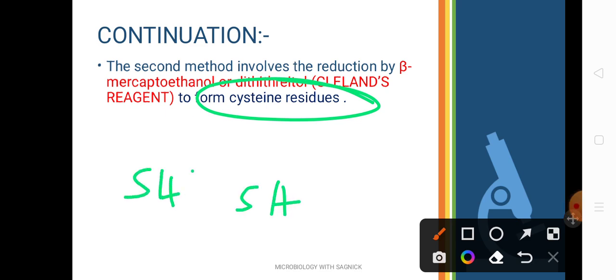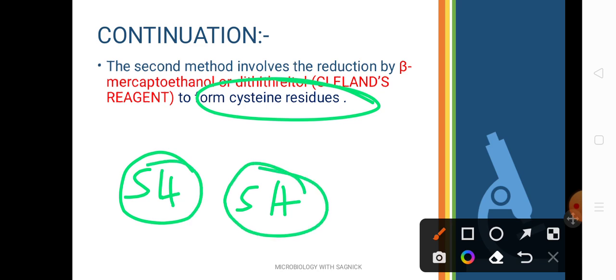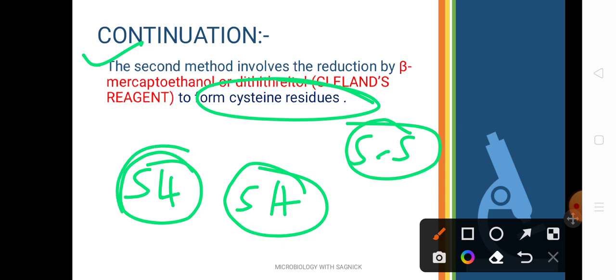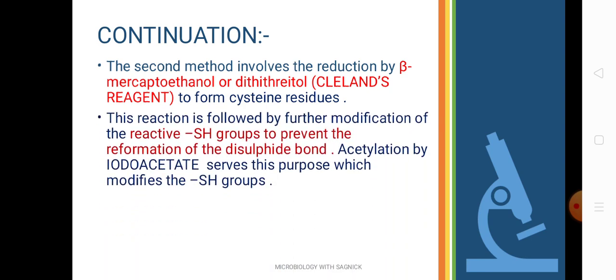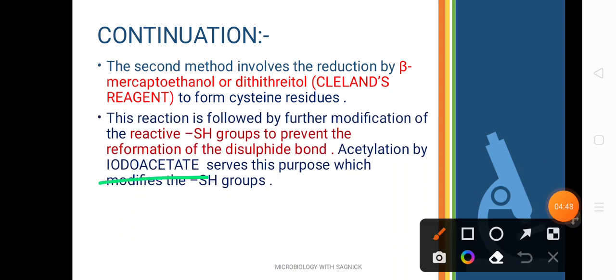If two SH groups are in close proximity, there is a possible chance of formation of a disulfide bond. That is why the reduction process includes one extra step where we have to modify these SH groups in such a way that they cannot recreate the disulfide bond, and we do this with the help of acetylation by iodoacetate.